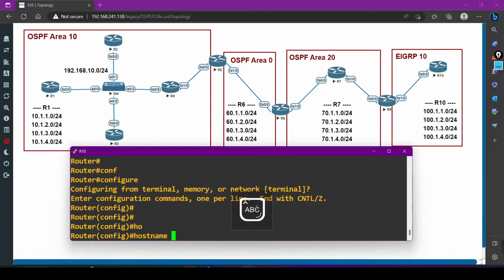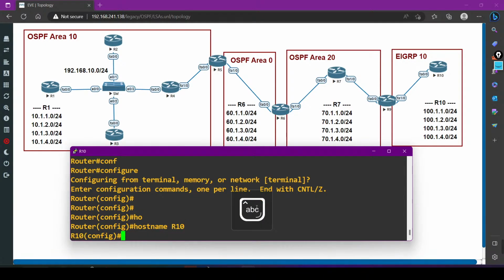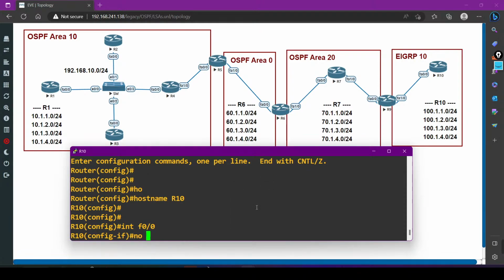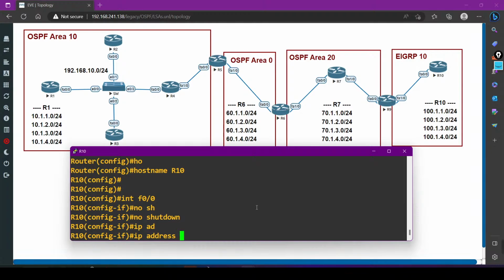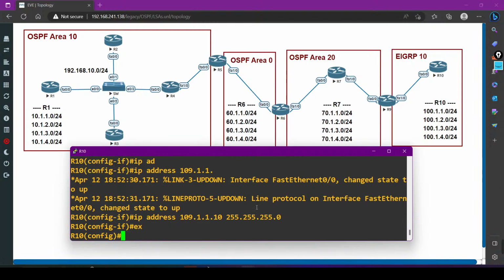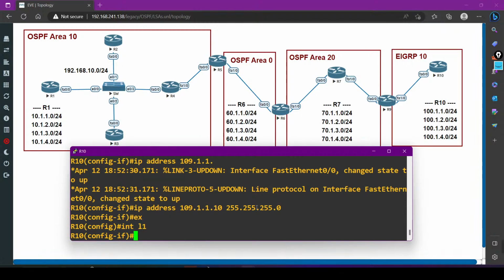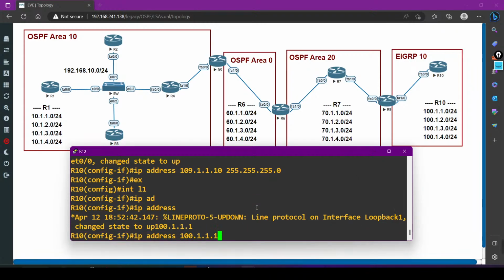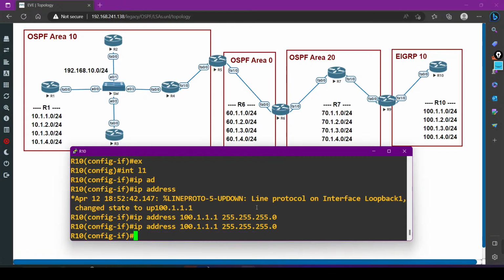Hostname R10. Interface F0/0, no shut, IP address 109. What is the network ID, guys? 109, na? Yes, sir. Interface loopback 1, IP address 100.1.1.1, 255.255.255.0.